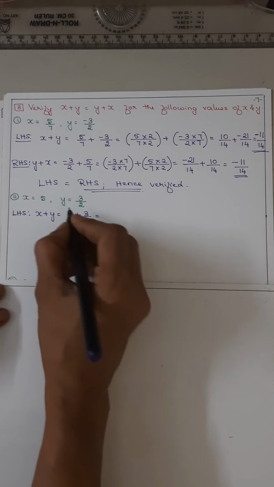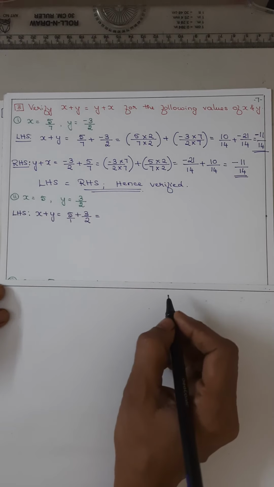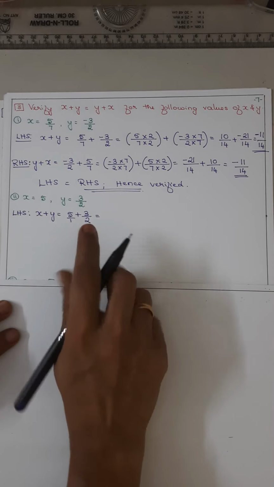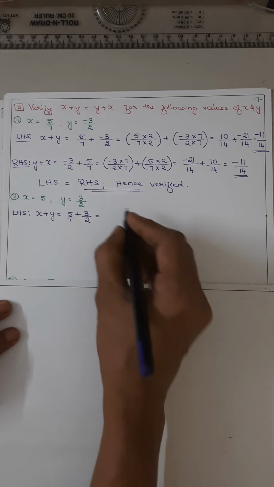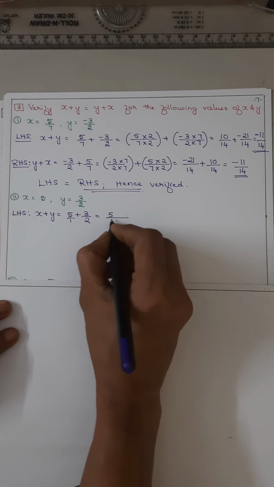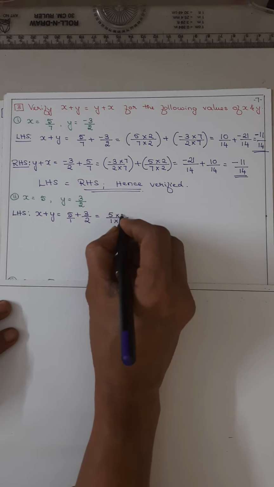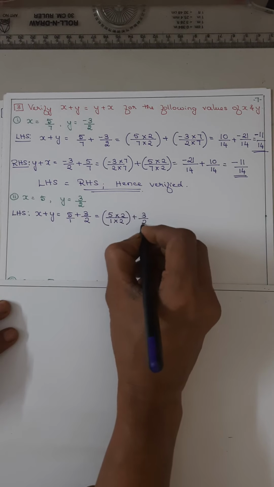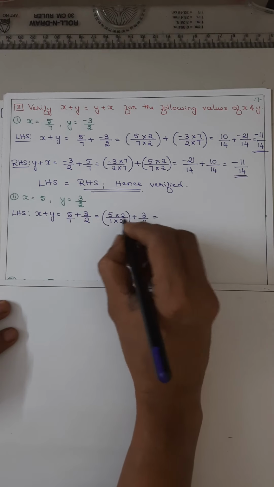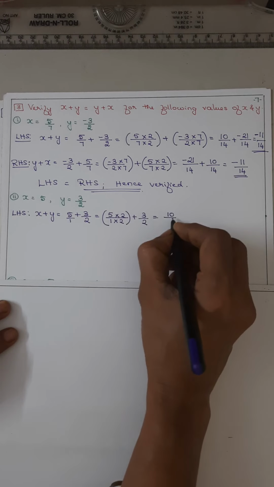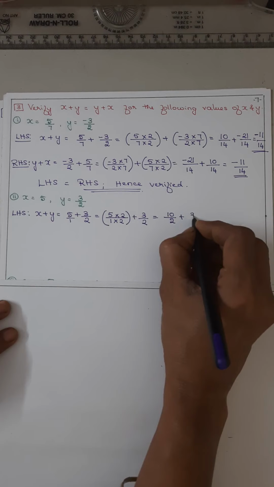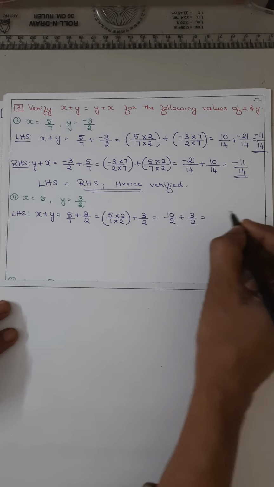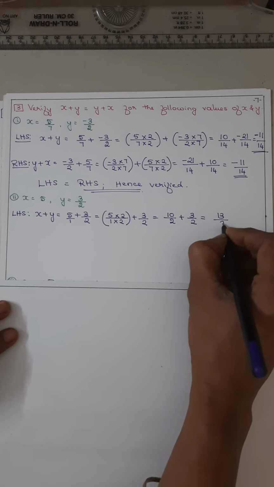Now 5 means 5 by 1. Now 1 and 2, LCM will be 2. So 5 by 1 convert into the LCM 2. Second one, it will be as it is. So 5 2s are 10 by 2 plus 3 by 2. 10 plus 3 is 13 by 2.